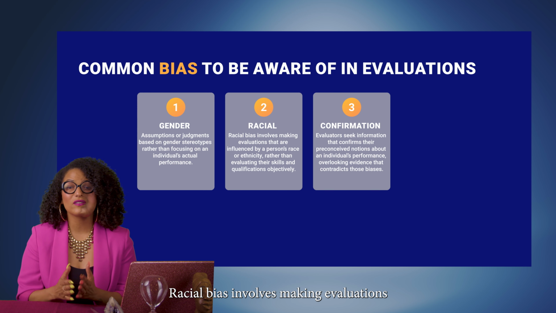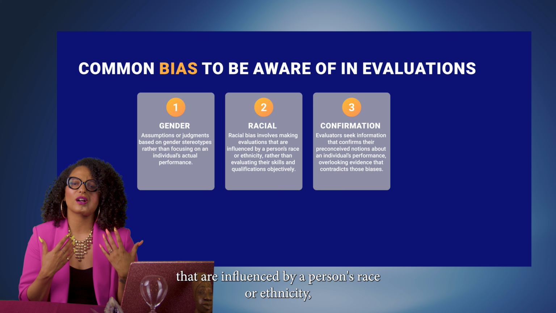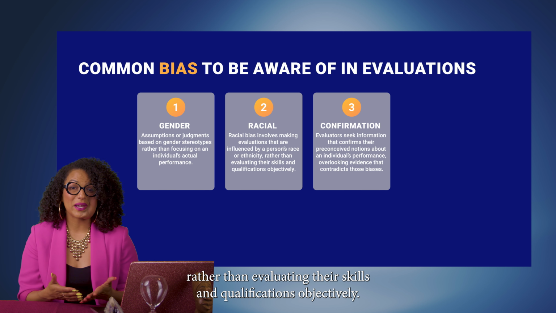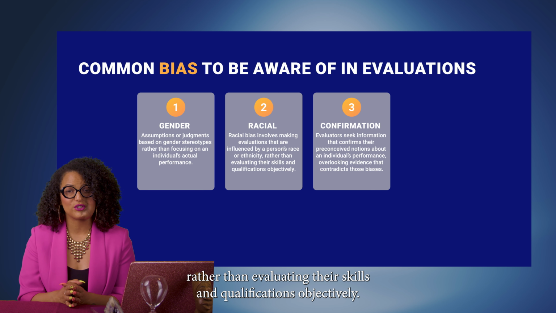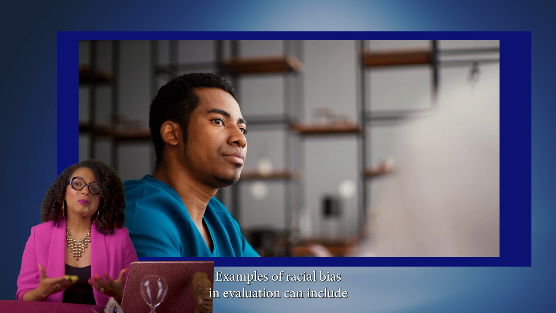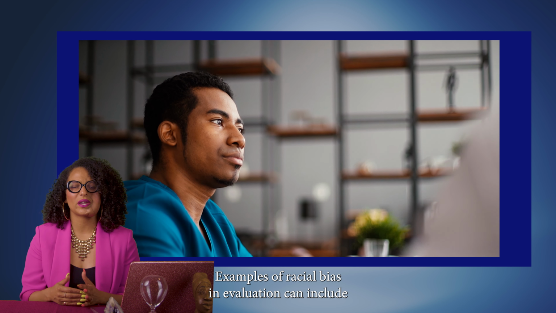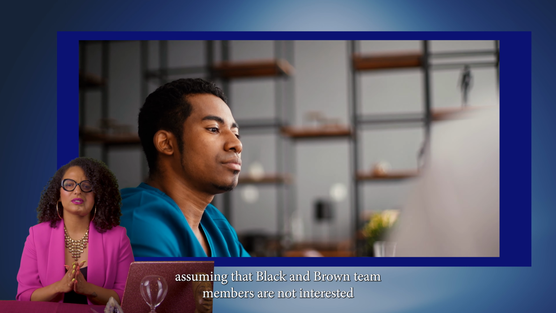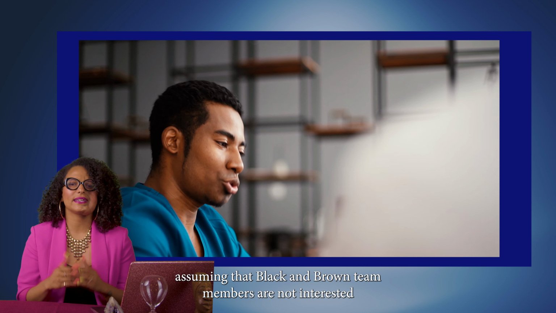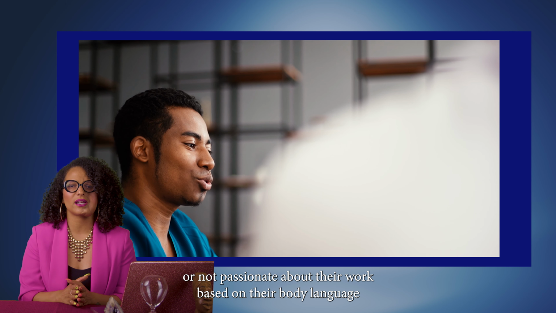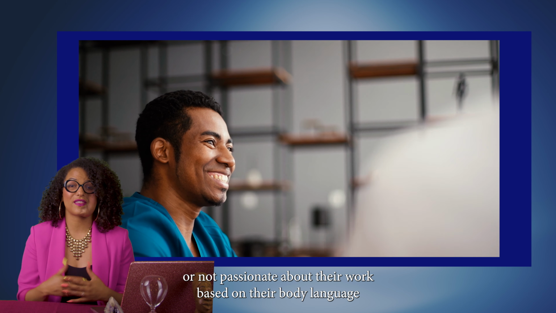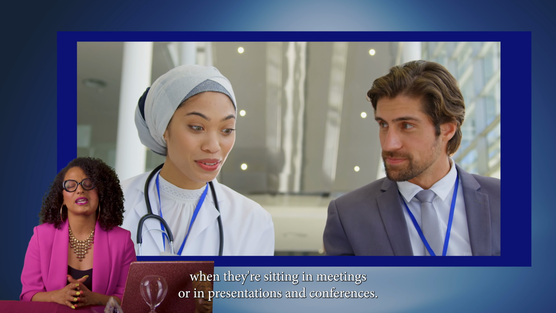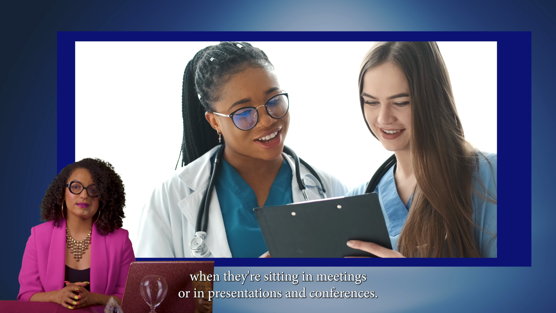Racial bias involves making evaluations that are influenced by a person's race or ethnicity, rather than evaluating their skills and qualifications objectively. Examples of racial bias in evaluation can include assuming that Black and Brown team members are not interested or not passionate about their work based on their body language when they're sitting in meetings or in presentations and conferences.